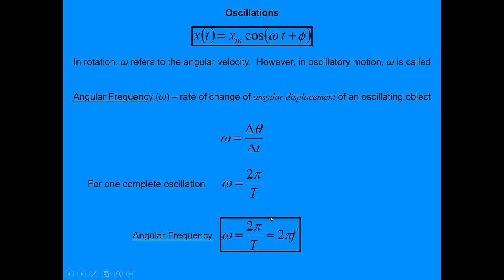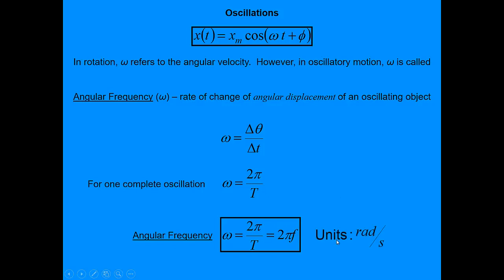So we can convert between these, and the conversion is the 2 pi, again, because we're combining uniform circular motion, where in one complete motion you go through 2 pi radians of angular displacement, and so in simple harmonic motion, one complete vibration, from where you start to the other end and back again, is 2 pi radians of oscillation as well. See the relationship here. It's a tough one, but it works.